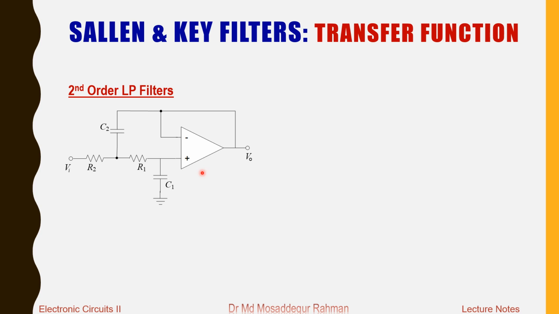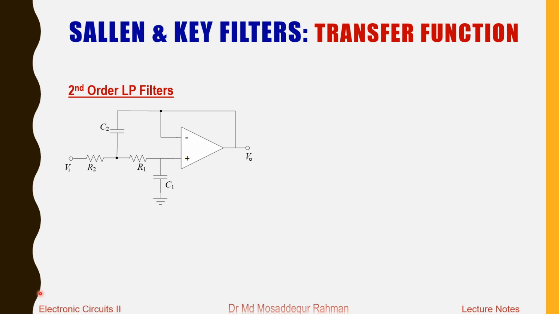You can do it in many different ways. You can use nodal analysis or any other technique. Here I will show you how we can derive the transfer function for this second order filter circuit using the nodal analysis technique.